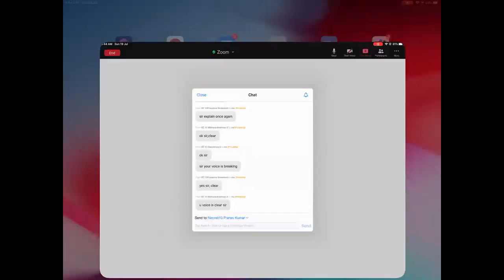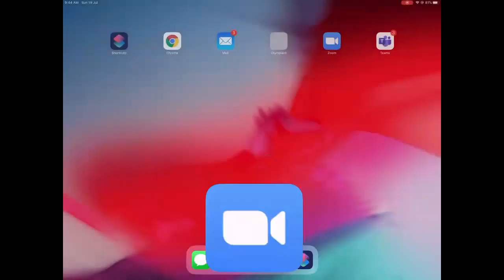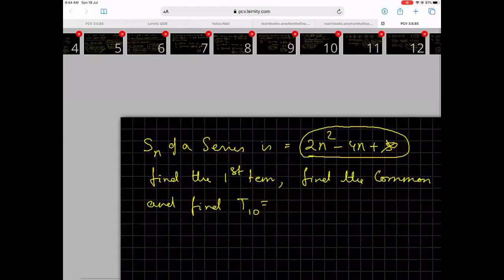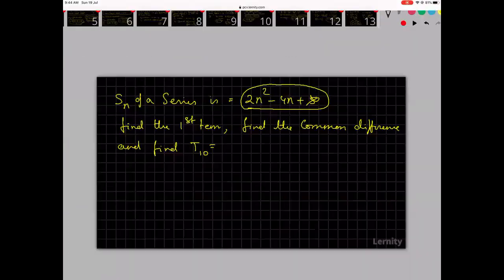Yes, okay. Okay, good. So the sum of n terms of a series is 2n squared minus 4n. Find the first term, find the common difference, and find T10.